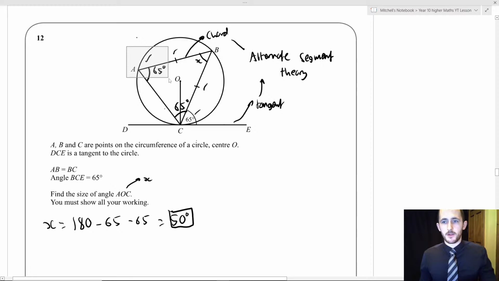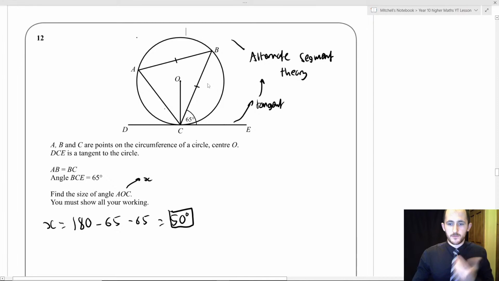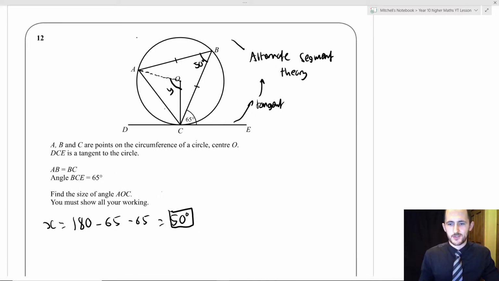Now, I'm going to get rid of everything else on here. So what we've just worked out, and again, well done, Evie, for spotting this, is that's 50 degrees. Now, what's the angle I want again? The angle I want was this angle. Let's call it Y. I know that I called the other thing X, so let's change that. What does that look like? That looks like the angle at the center is twice that at the circumference.